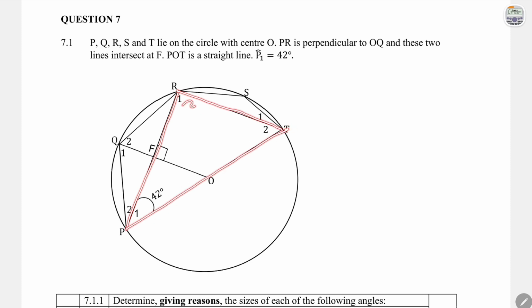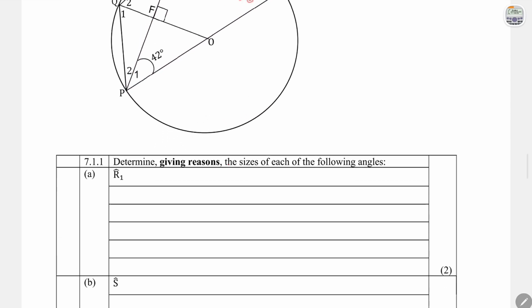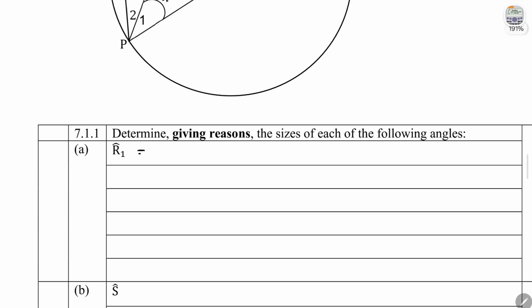So the size of it is 90 degrees because it is supported by a diameter. So we can tell them that angle R1 is equal to 90 degrees, because we have an angle in a semicircle. Okay, and that is our answer.